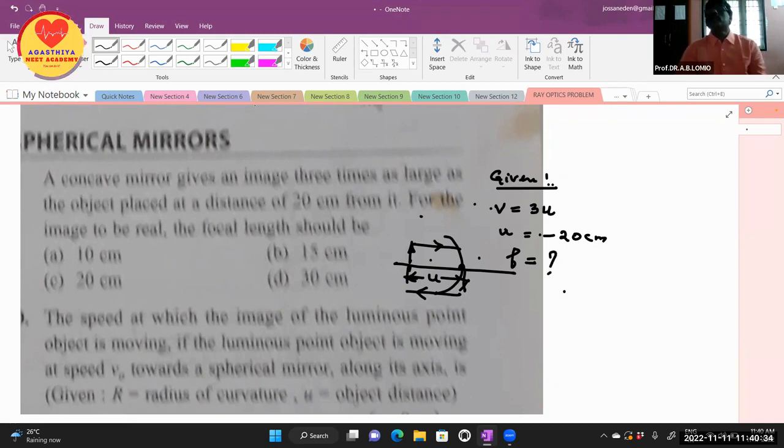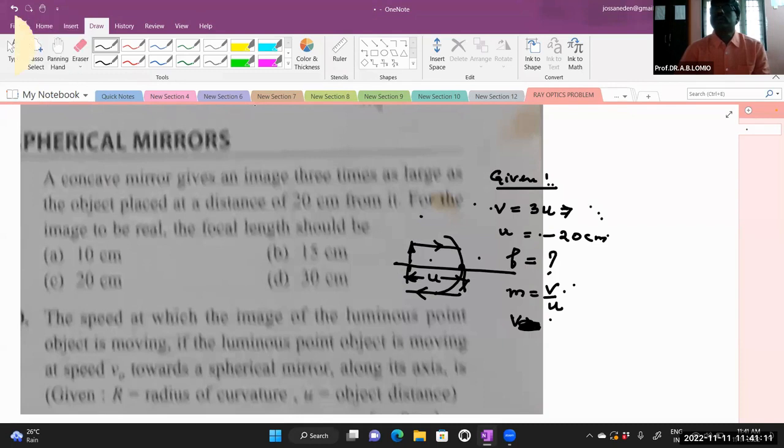Use two formulas. One is the mirror formula, another one is the magnification formula. What is the magnification formula? M is equal to V by U. Listen.